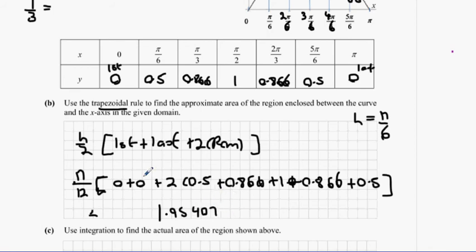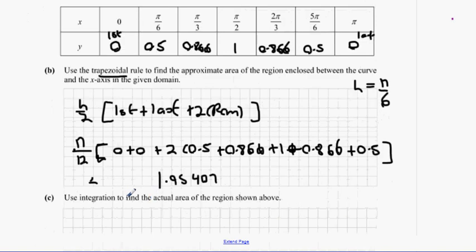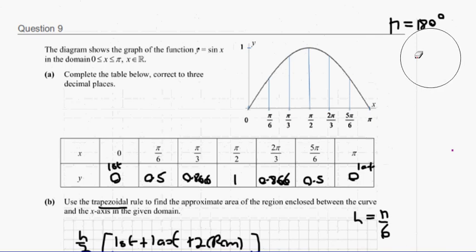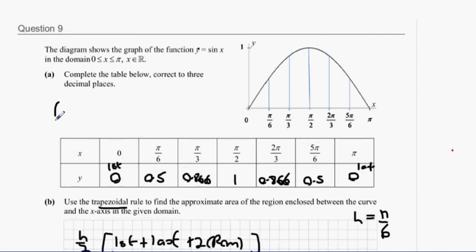Now, what we're going to do for part C, use integration to find the actual area. How do we do that? So just rub all this out here. Don't need that anymore. Now, area under a curve, dx. What are the limits?